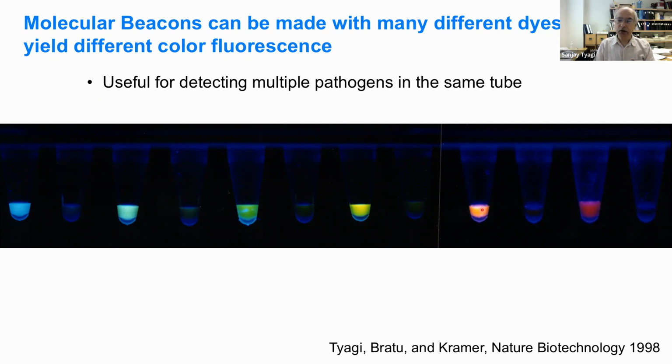The two dyes are constantly bumping into each other, and they are in physical contact. That kind of quenching is called contact quenching, and that is not limited by the spectral overlap rule. So this turned out to be the most fortunate chemistry surprise we had. And with this, you can now make probes for many different colors and use them in the same reaction, in the same test tube.